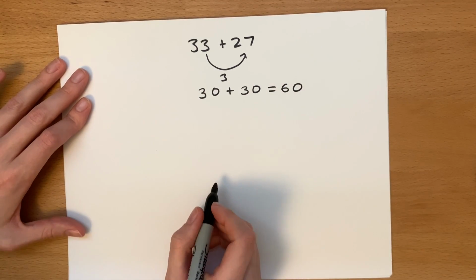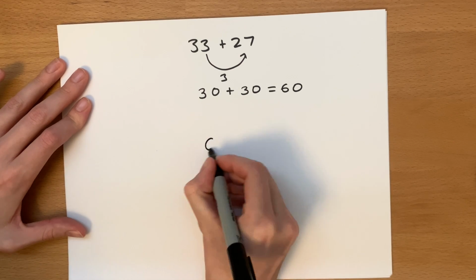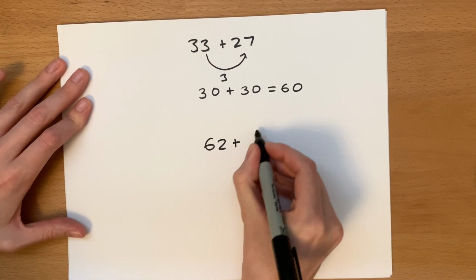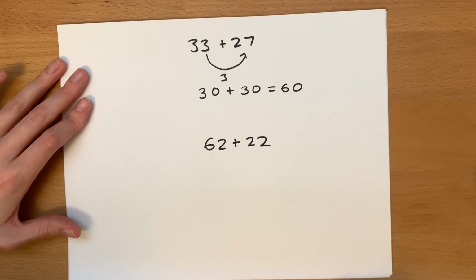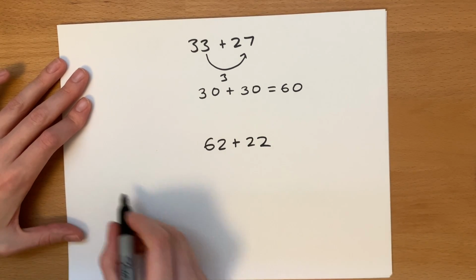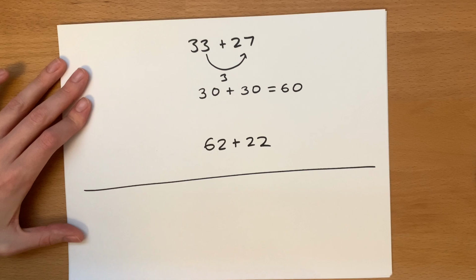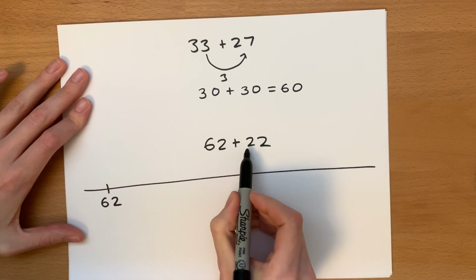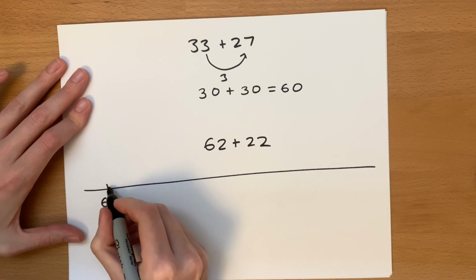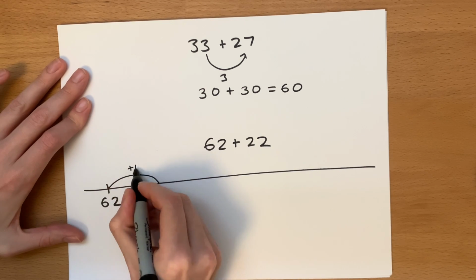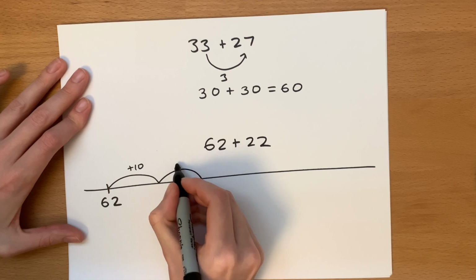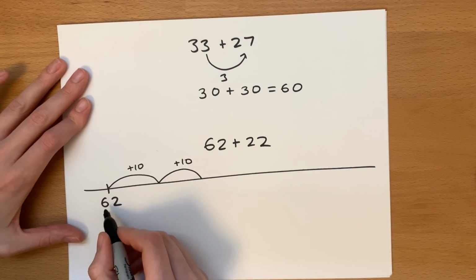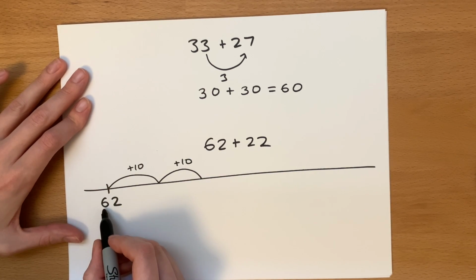And now for my last equation, I'd like you to solve 62 plus 22. The way I do that is I'd start with the 62, and I'll add just the 20 part of 22 first. So I'll add 10, and then another 10. So 62, there's 6 tens in this number.